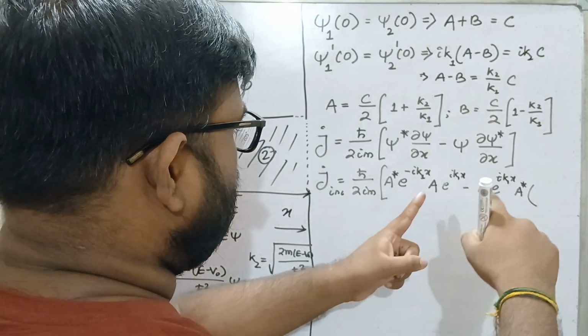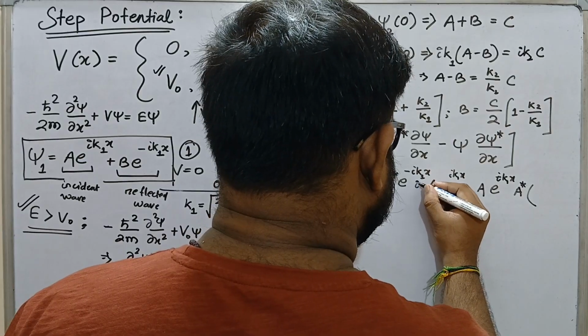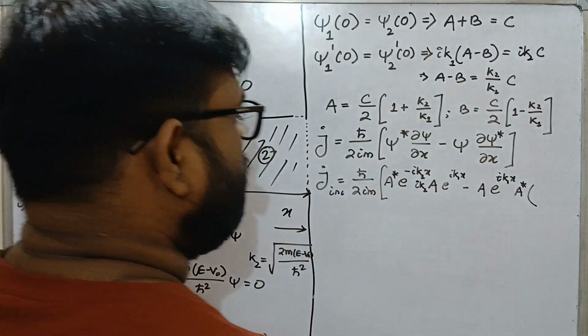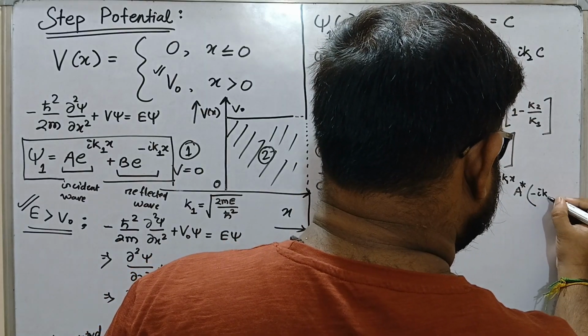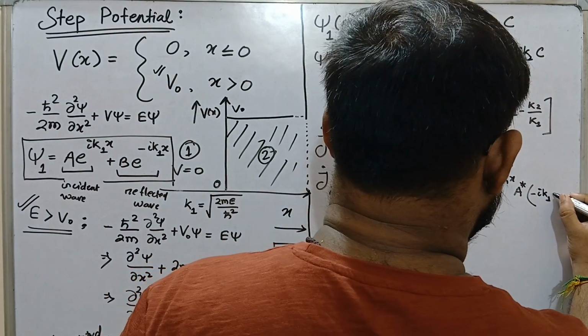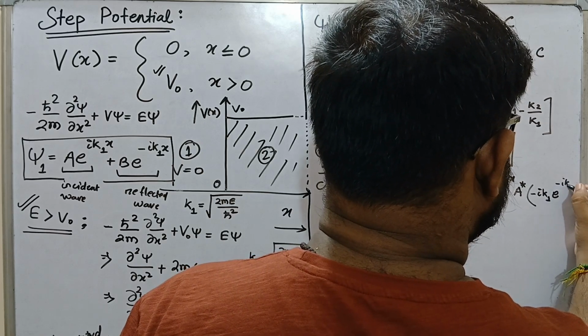Okay, wait a minute, I missed something. Yes, I missed this. There will be ik1. Now here it will be minus ik1 e to the power minus ik1x.